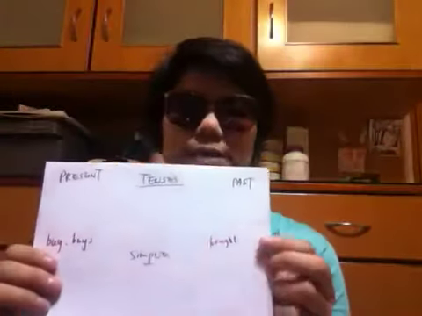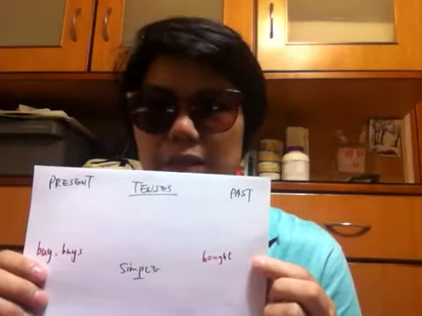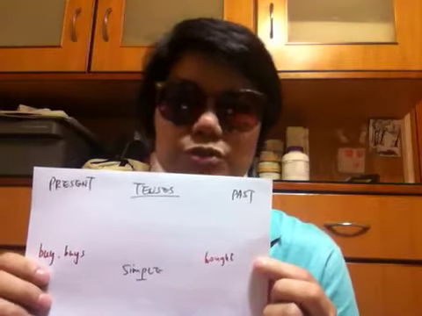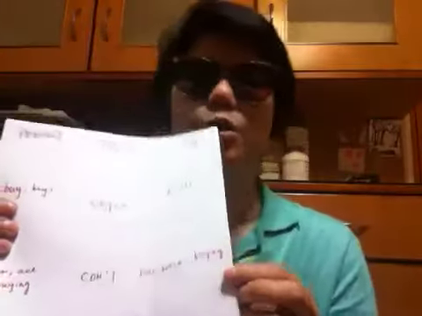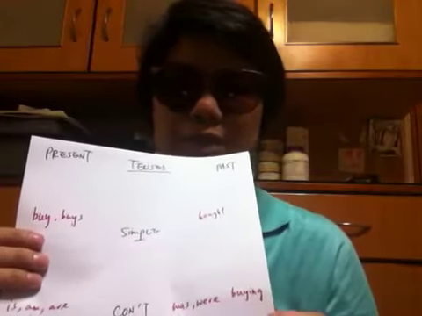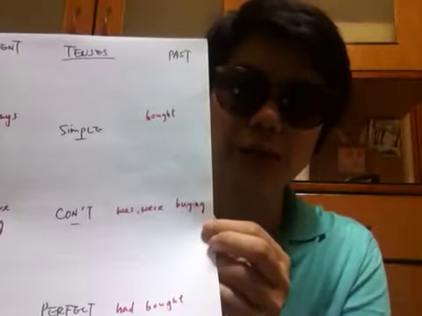The use of the past simple tense is when you did something at a particular time in the past. Past continuous is when you were doing something in a particular period of time in the past.